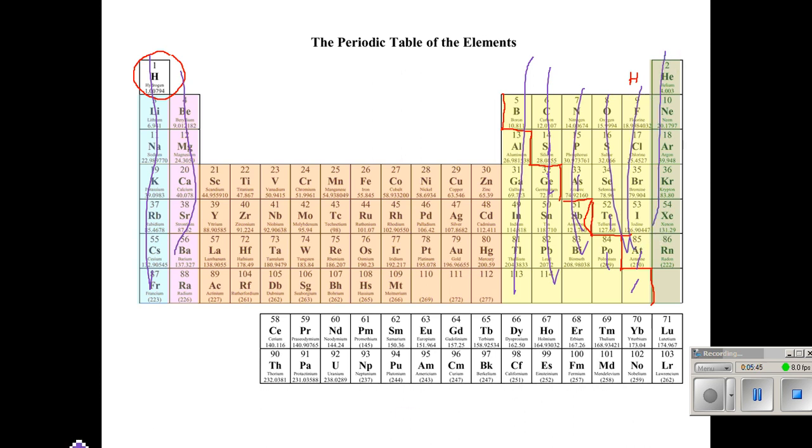So any one of those are called the A groups, the representative elements. When I say A groups, it's because we typically use this system where this group is 1A, this group is 2A. So they're the A groups. This group would be 3A.